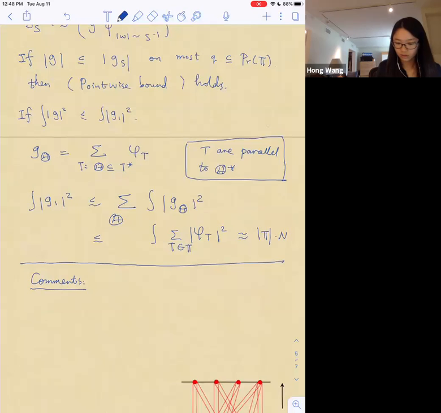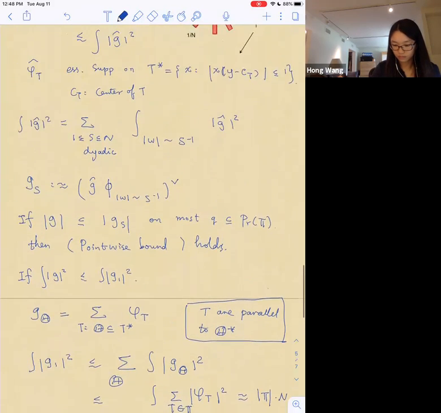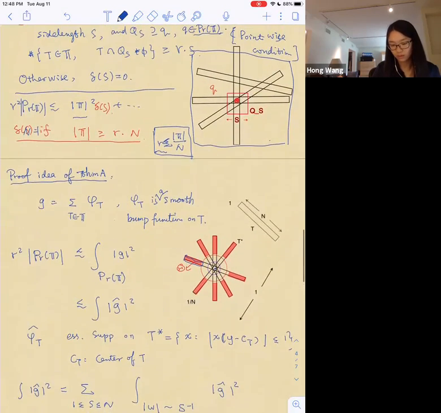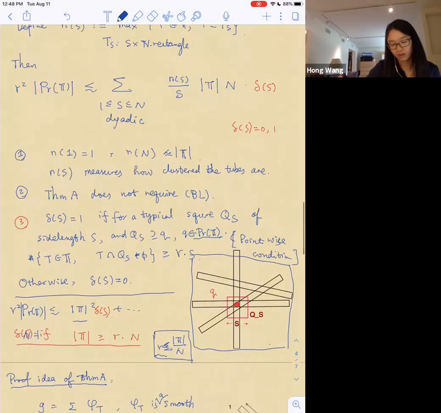First of all, we can see that the estimate makes more sense when the number of tubes is larger than n, because we have a factor of n on the right-hand side anyways. When the number of tubes is smaller than n, most of the time, using the bilinear estimate is better.